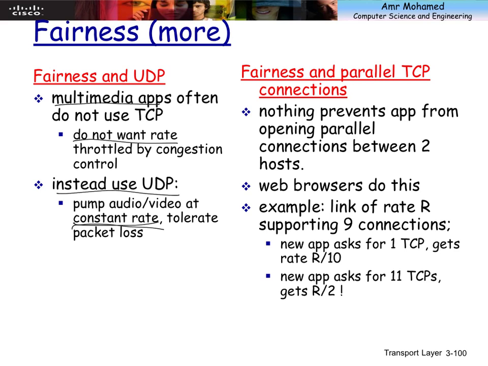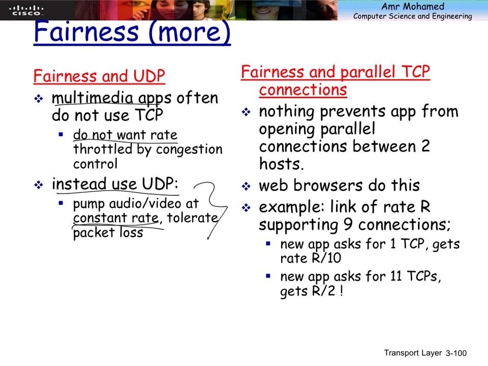So multimedia applications tend to use UDP with a different kind of technique for flow control. So you do need to have flow control even for multimedia applications, but we don't need to have reliability. We don't need to have retransmissions and stuff because that's expensive.